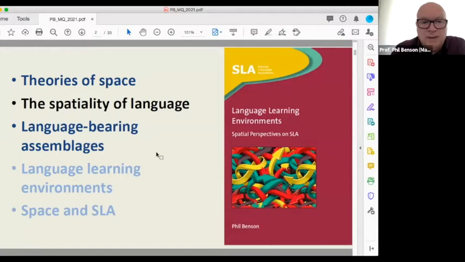The chapter on the spatiality of language poses a few questions about linguistics, and particularly the idea of linguistics as the study of language systems. So there's something of a critique here of the idea of the language system from a spatial perspective. The following chapter tries to offer some answers to these questions.